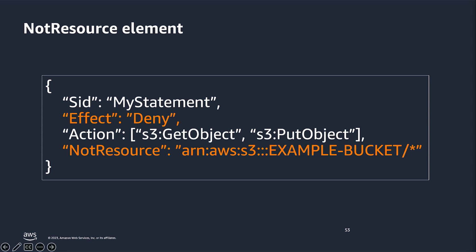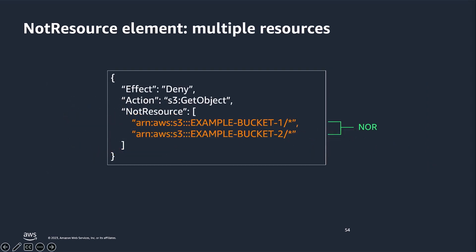This statement reads, deny S3 get object and put object to all resources except the objects in example bucket. Like not action, not resource is typically used with a statement that has an effective deny. Not resource also evaluates as a logical NOR when there is more than one resource in the not resource element. This statement denies S3 get object action as long as the resource is not example bucket 1 nor example bucket 2.